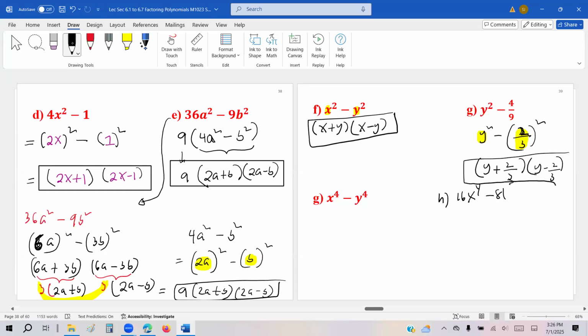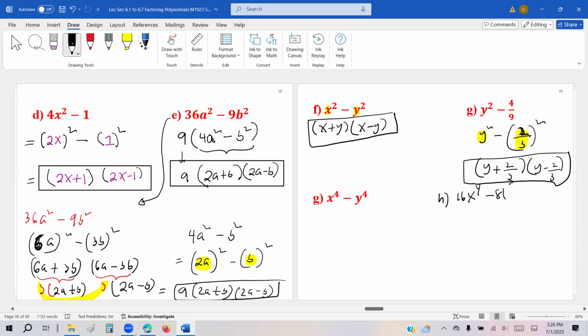That's it. I didn't divide, I rewrote. What number squared is 4 and what number squared is 9? It's 2 and 3. Because we want to see the base for our square, because we need the bases to be added and to be subtracted.